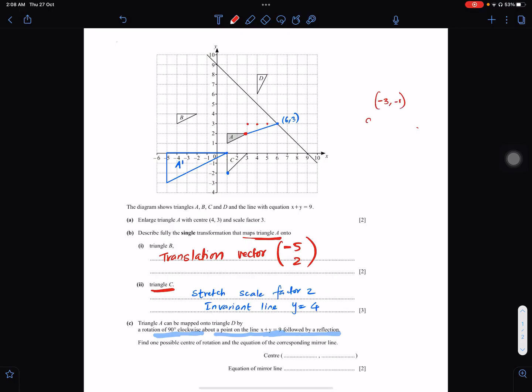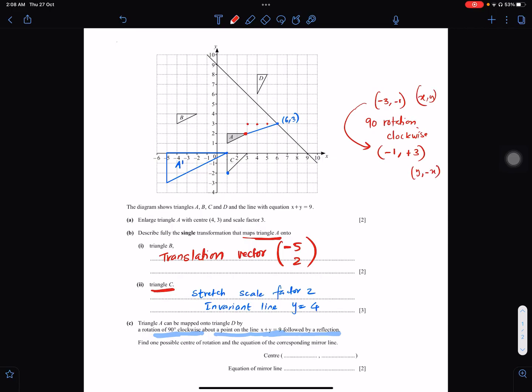When we do a 90 degree rotation, and that too clockwise, we interchange -3, -1 to -1, -3, and we make the y coordinate negative. It's already negative, so we have to make it positive. The rule is very simple. We make x comma y to y comma minus x.